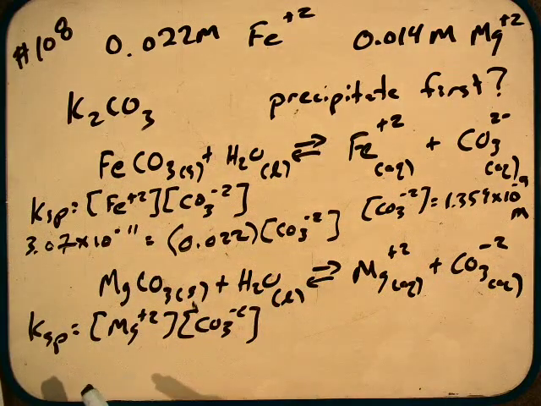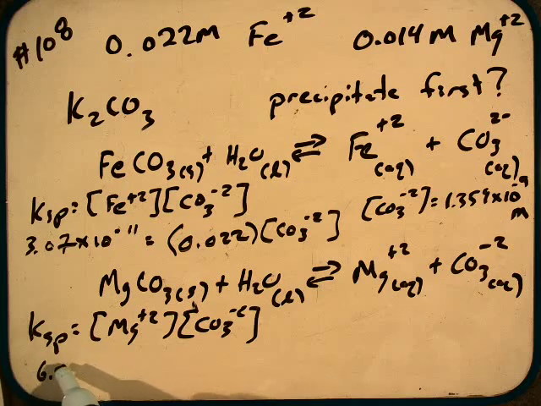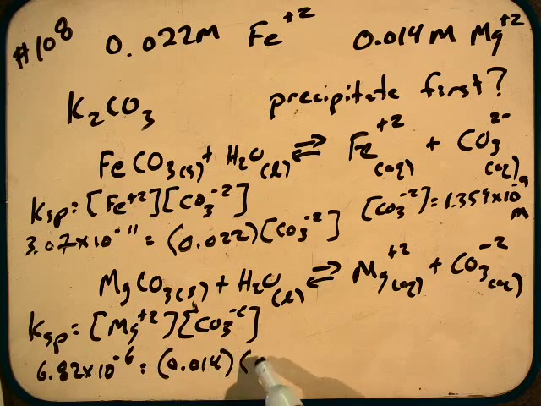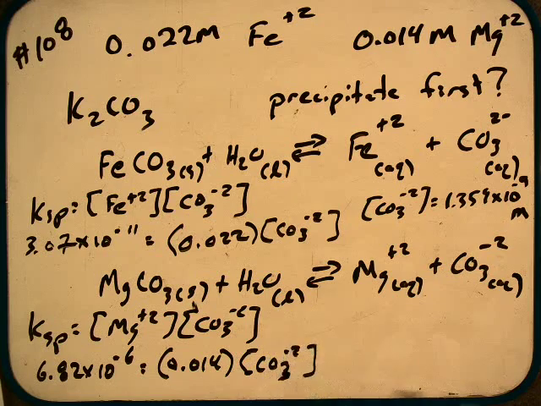Do the same thing for our magnesium. KSP for the magnesium is 6.82 times 10 to the negative 6th. That's going to be equal to that magnesium concentration, and then again we are trying to determine that minimum carbonate concentration.